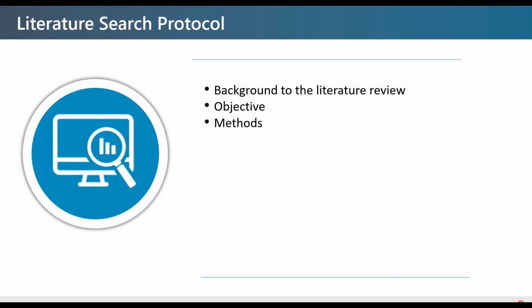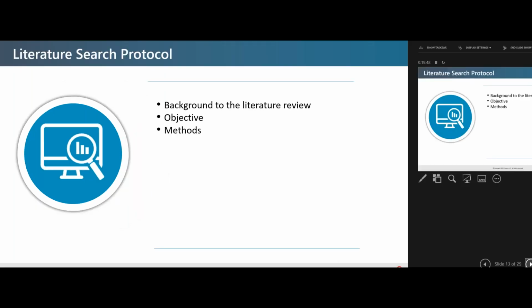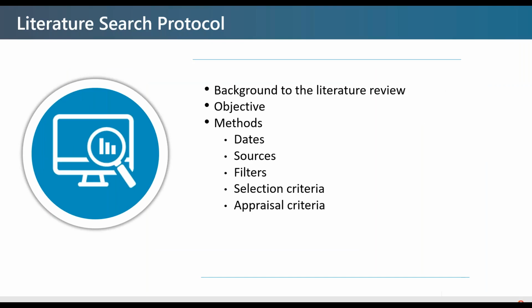So the protocol should also be objective and consistent with the scope of the clinical evaluation. And it needs to include the intended performance of the device, including those claims on performance and clinical safety. Additionally, you're going to put in there what all your methods are, your dates, your sources, any filters you're going to use, your selection criteria, and your appraisal criteria, which I'll cover a little bit more.